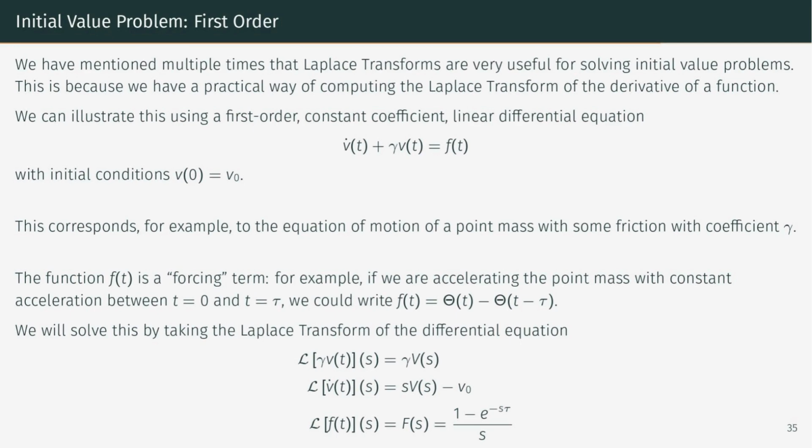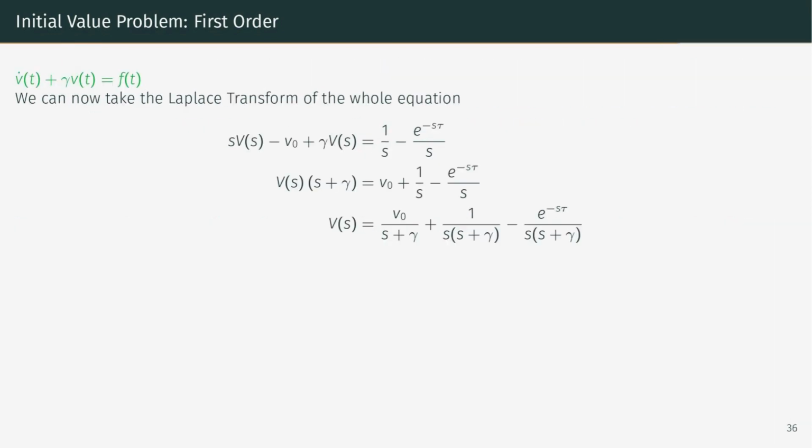And the Laplace transform of f of t equals F of s, which equals (1 minus e^(-s tau)) over s. We can then take the Laplace transform of the whole equation. So s V of s minus v0 plus gamma V of s equals 1 over s minus e^(-s tau) over s.